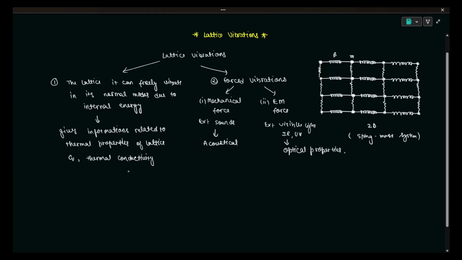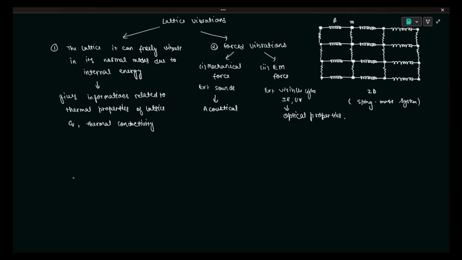So in this course we will be studying the thermal properties related to lattice. We will not go deep into acoustical and optical properties. Now, to begin with, let us consider the vibration of a 1D monoatomic lattice.